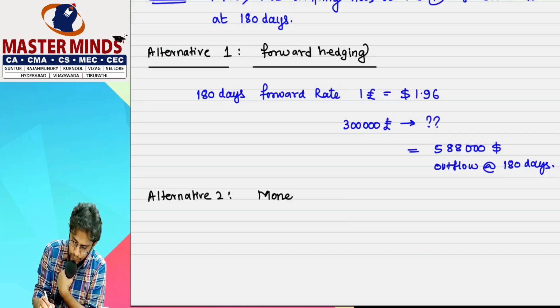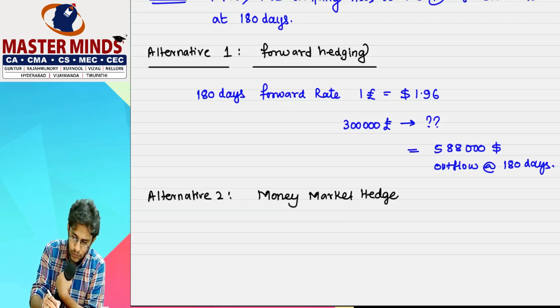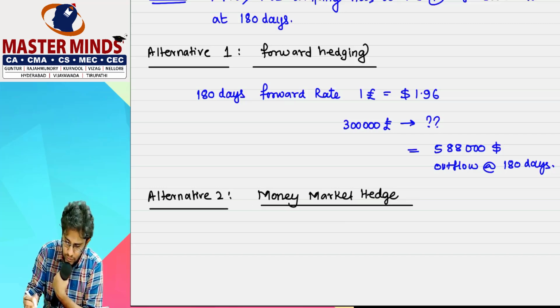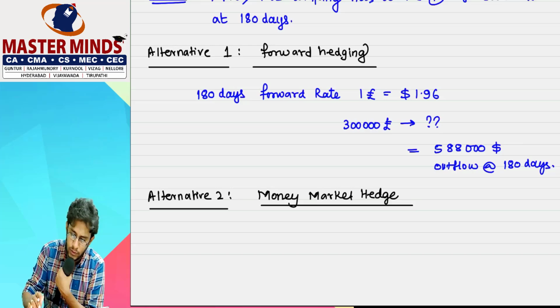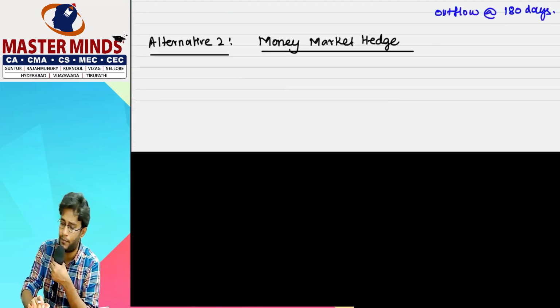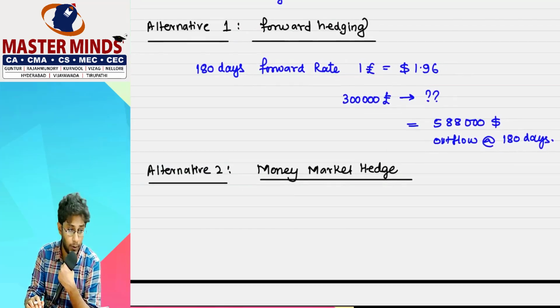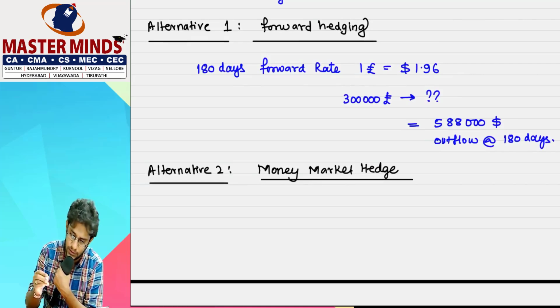Alternative 2. Money market hedge. You are a US company, you have a pound payable, so you have to create a pound receivable by making a pound deposit today.